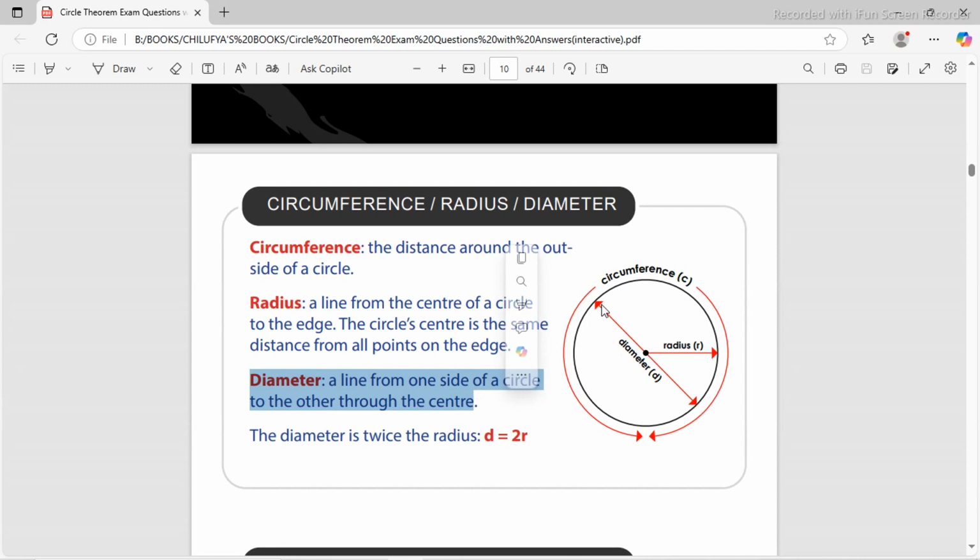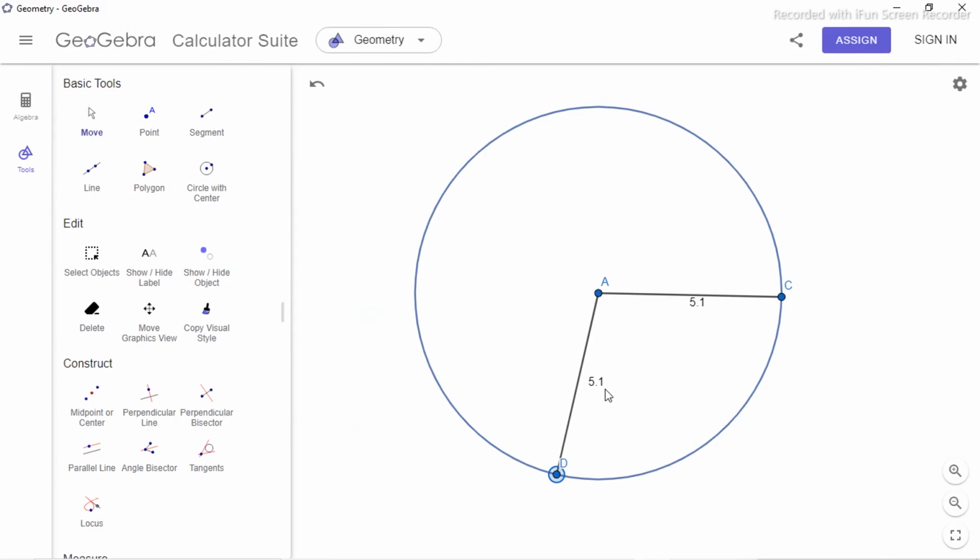This long line inside this circle is what we call the diameter. It comes from this side of the circumference, passes through the center, then all the way to the other side of the circumference. So this is what we call the diameter.